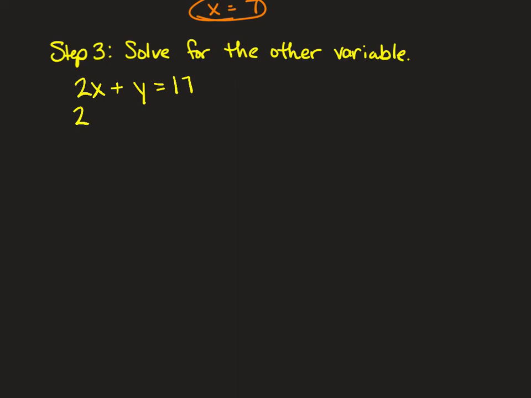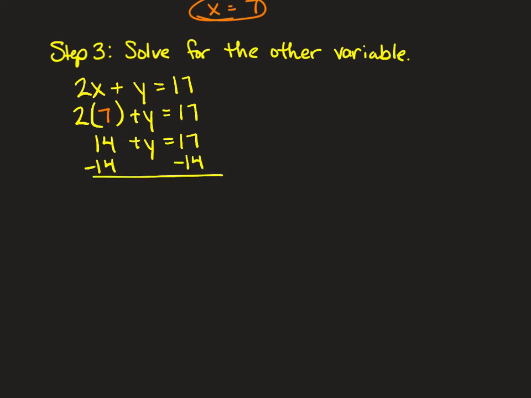I plug in what I've got for x, which is 7. And I bring everything else down and just simplify. 2 times 7 is 14, plus y equals 17. And then to solve for y, I'm going to subtract 14 from both sides. And I get that y is 3.